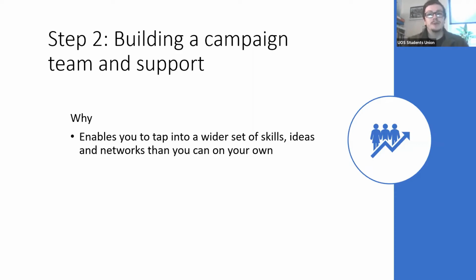So I used to always try and get a friend on my campaign team to give me some advice and a bit of help designing things. It works the same way in the staff team. I'm awful at that stuff still, and that's why we have Gagana. Gagana can do these things for us. So it helps to have a campaign team because you then have access to a wider set of skills, and if you're like me, you don't have to rely on your own really bad graphic design skills.